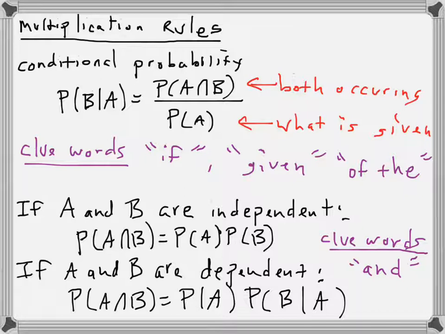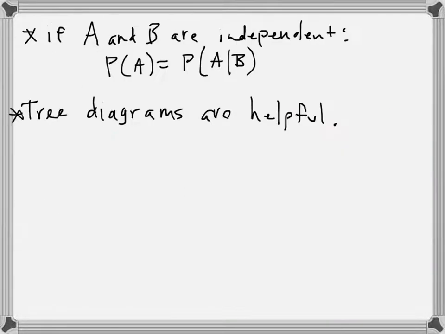So the probability of event A and B occurring if events A and B are independent is the probability of A times the probability of B. And if A and B are dependent, we're going to have the probability of A times the probability of B occurring given that A has occurred. And sometimes the dependent ones can be a little tricky. Sometimes they're pretty simple.